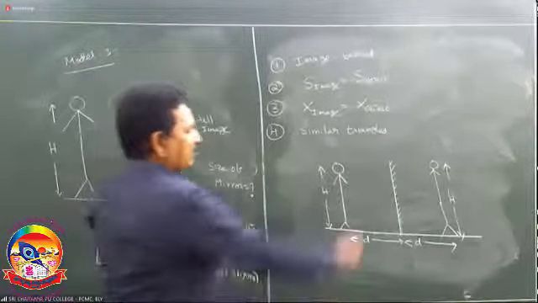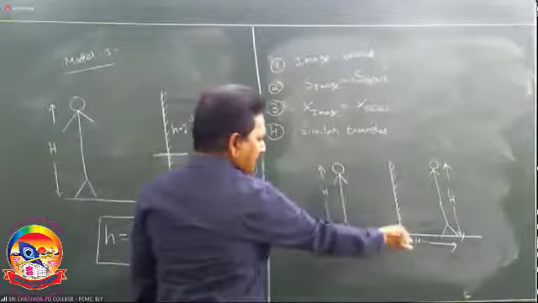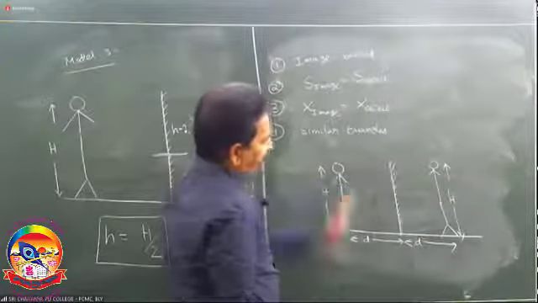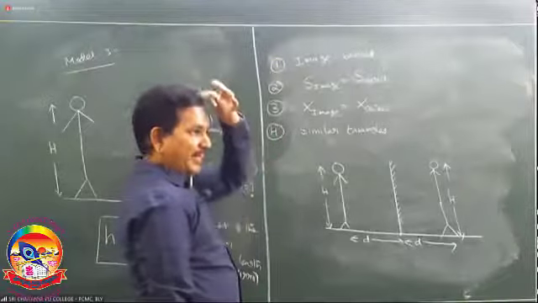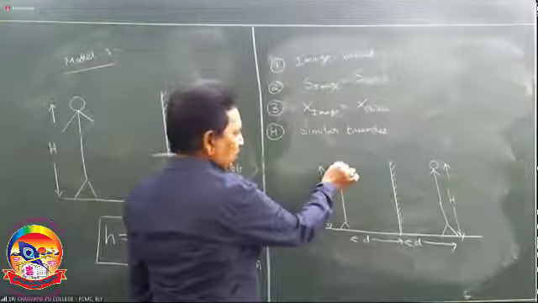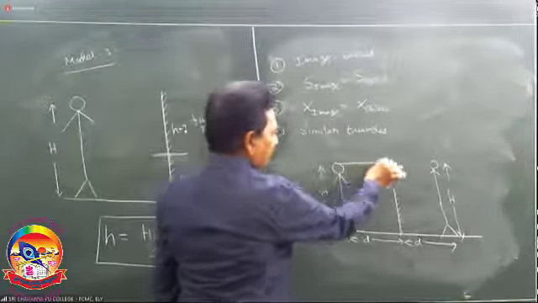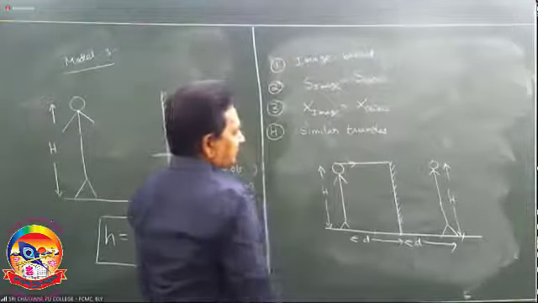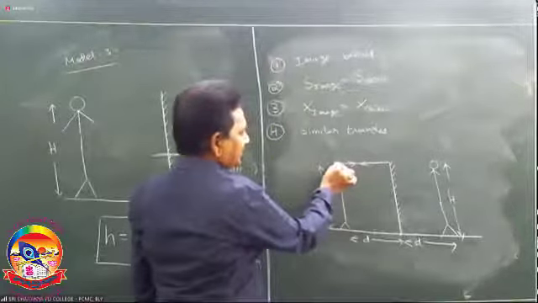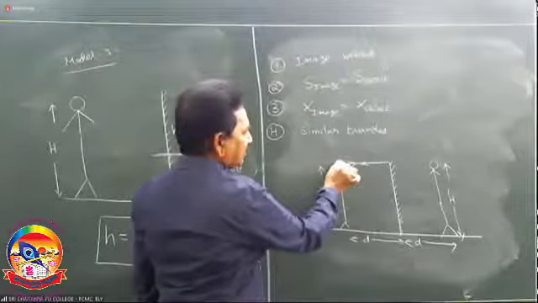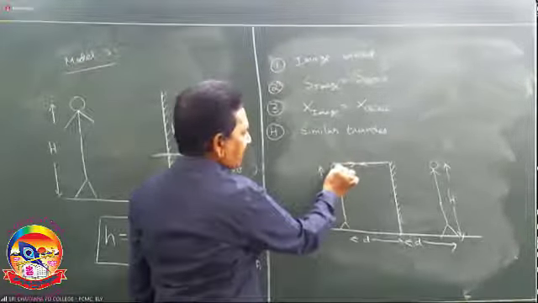I don't want this full mirror. I want only a portion. First, I must see the head. So from the head to the eyes. Imagine the eyes will be here. It is a very small distance, so I will neglect that.